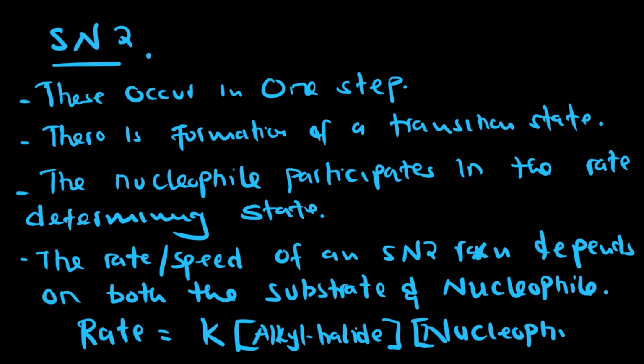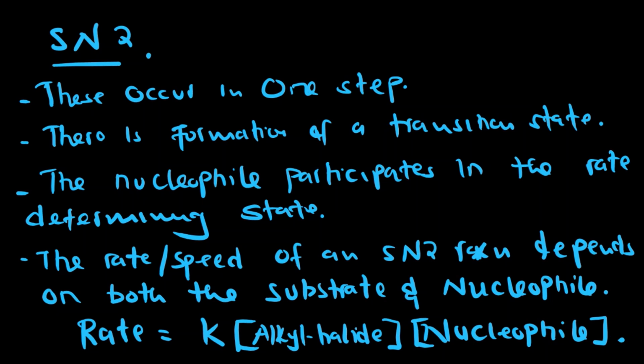So you've seen that the rate of an SN2 reaction depends both on the alkyl halide and the nucleophile. This is very important to know, because sometimes they will tell you, if we double the concentration of the nucleophile, what will be the effect on the rate? The rate will also double.